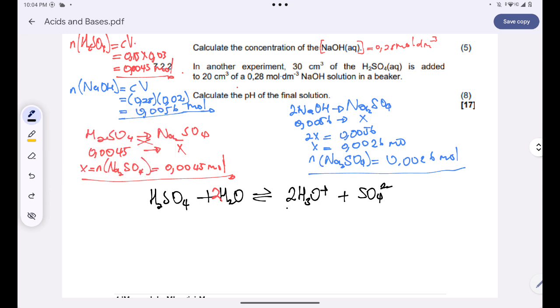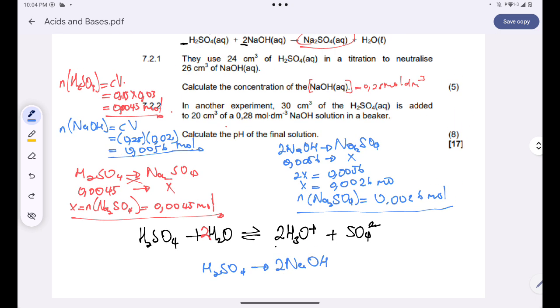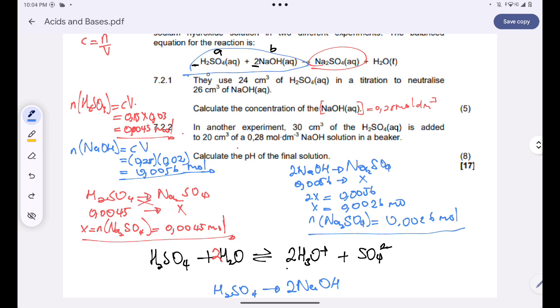Okay, since I know that my sodium hydroxide will be completely used up, I want to know how much of the sulfuric acid reacts. I know that 1 mole of sulfuric acid will completely react with 2 moles of sodium hydroxide according to this equation.